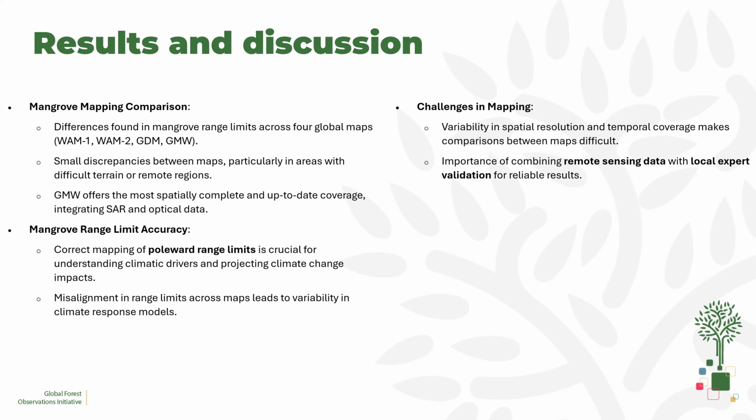So when they do the classification with 30 meter resolution, sometimes they don't get the mangrove. So they should also include local expert validations in their maps. Most maps do that, but they should also focus on the range limits. That's very important for future scenarios.